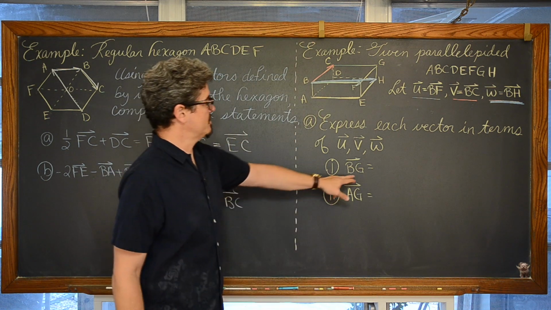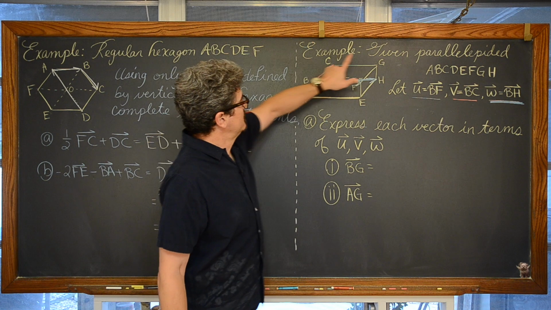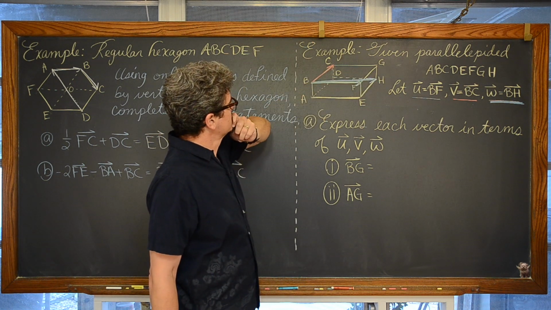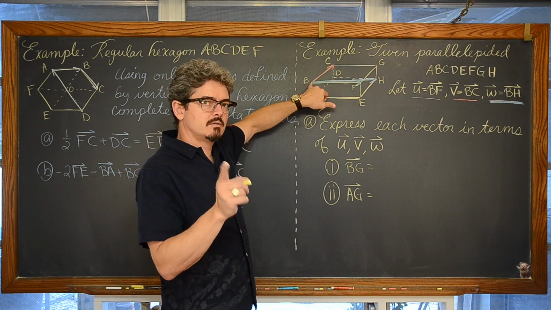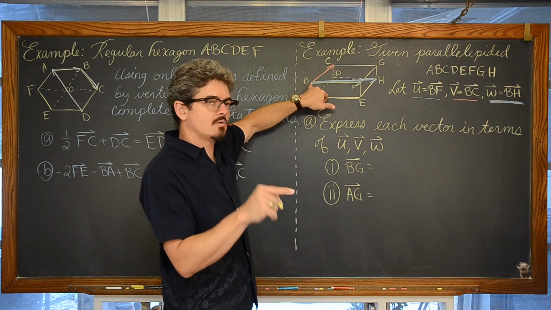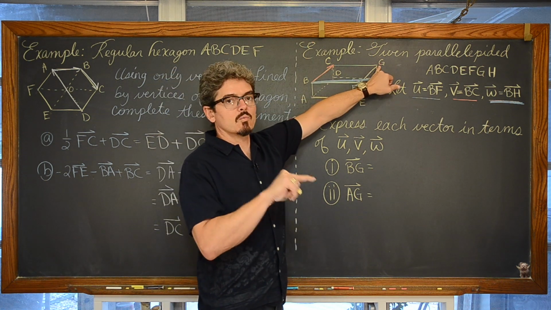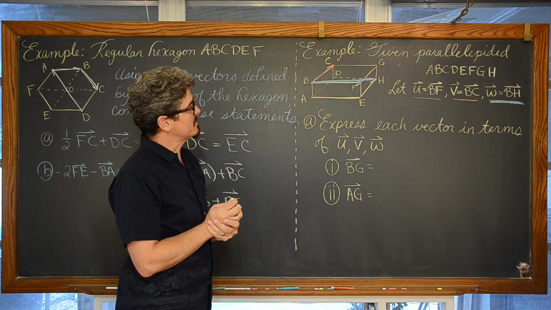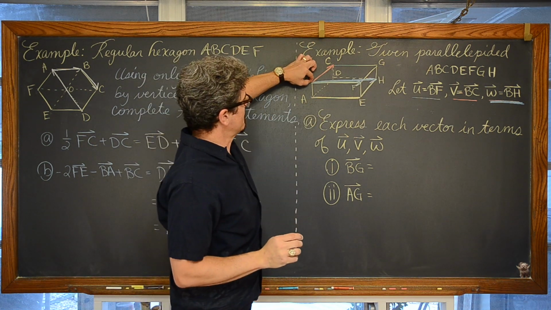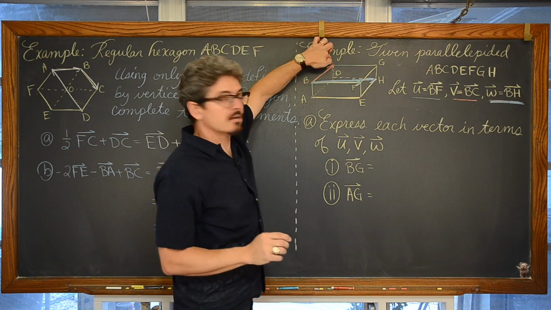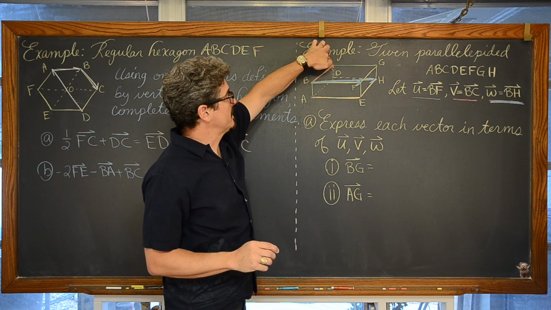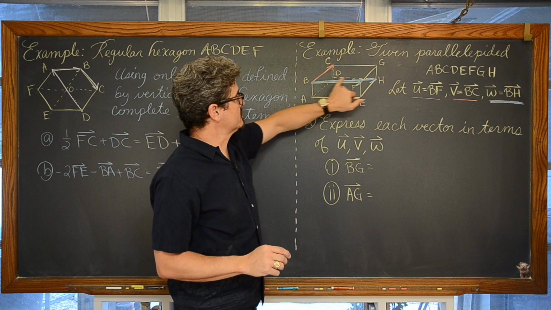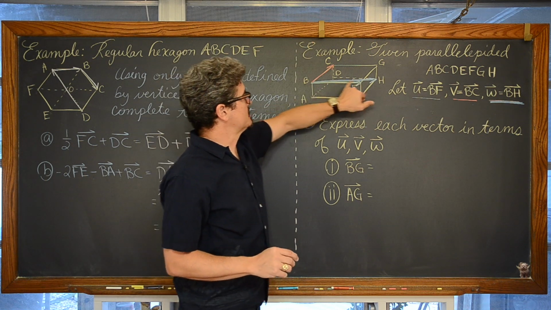Okay, so vector BG. How do I get from the upper left-hand front corner to the upper right rear corner? Give it some thought. Look at this picture. We have a red vector going front to back on the upper part of this parallelepiped, and a green vector moving to the right.